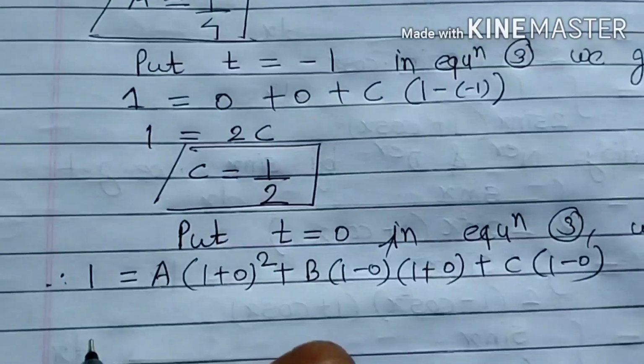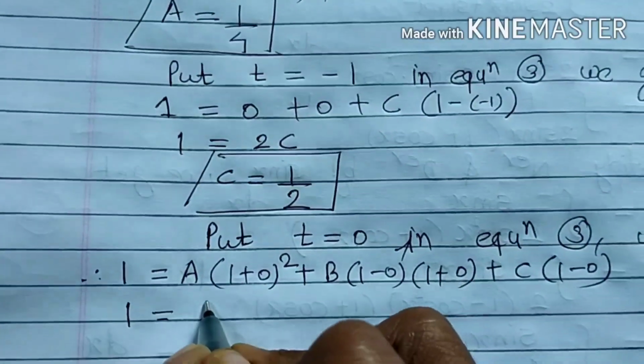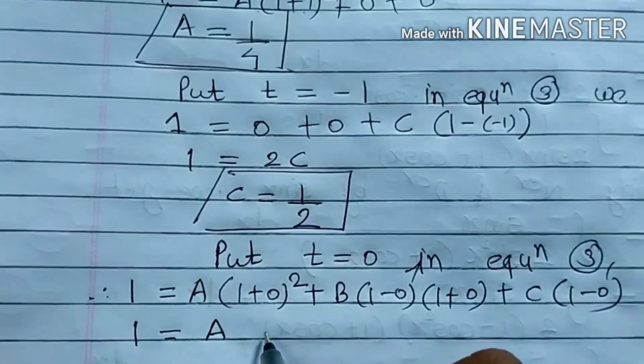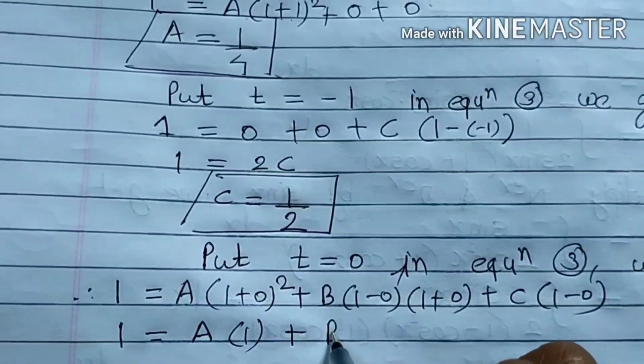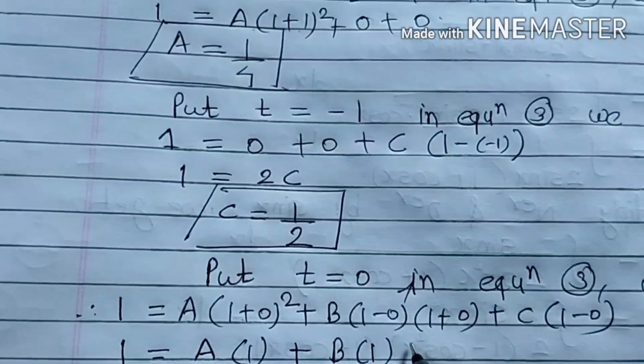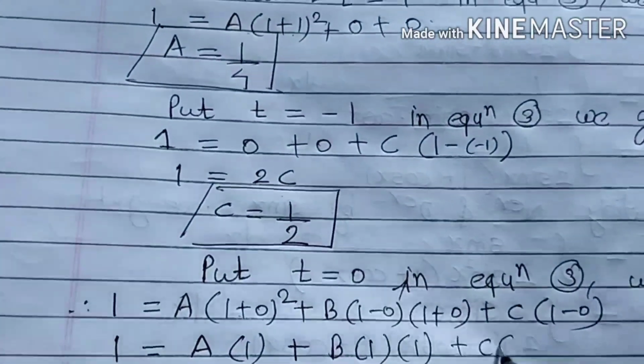Therefore we get 1 is equal to a into 1 plus b into 1 plus c into 1.